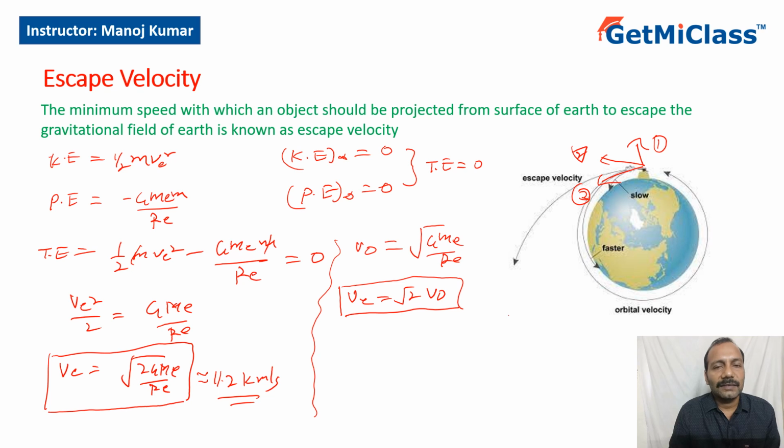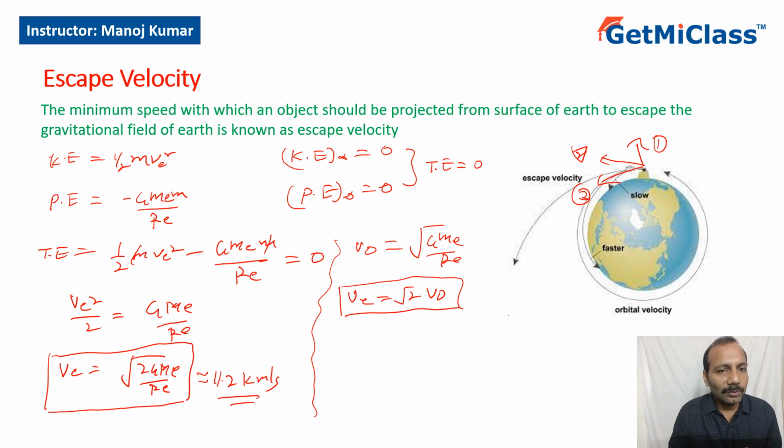The only thing is, the one which is projected perpendicular to the surface would escape sooner than the others, because the time that an object spends in the gravitational field depends on the direction. The object which is moving perpendicularly will have the maximum effect of acceleration due to gravity, and hence it would slow down faster than the others.